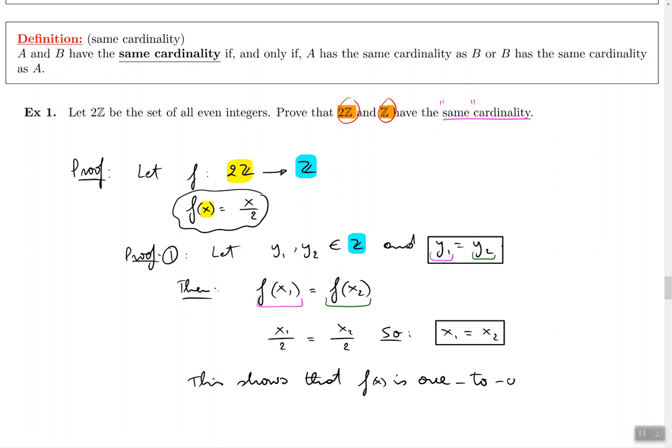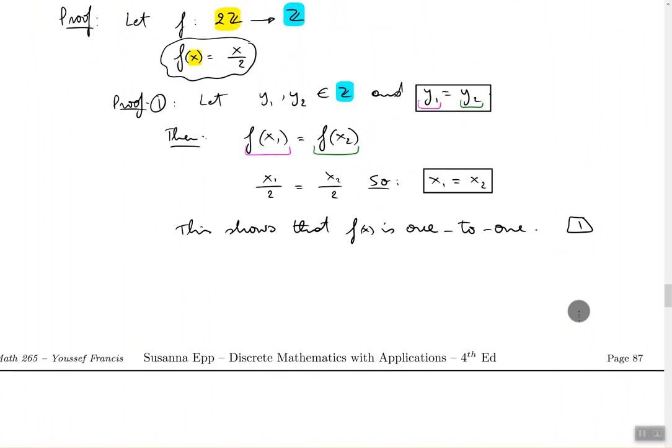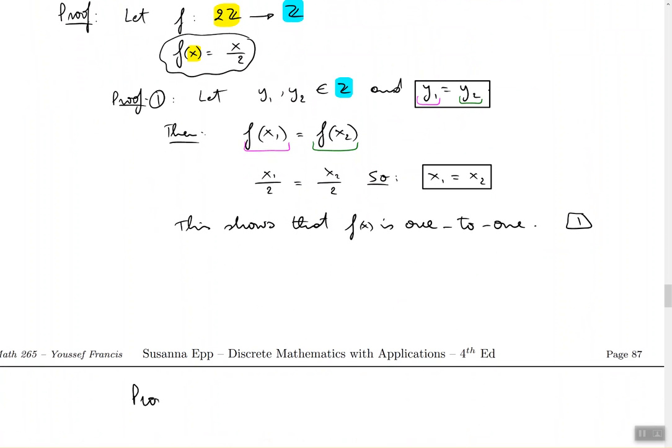But this is not enough, because now we need to prove that the function is also onto. Okay, so how do we do that? I'm going to start on the next page, proof 2. How do we show that the function is onto? Well, in order to show that the function is onto, what I have to do is grab an element from the codomain. So let y1 in this case be from the codomain again.